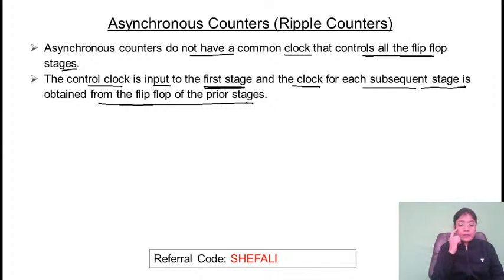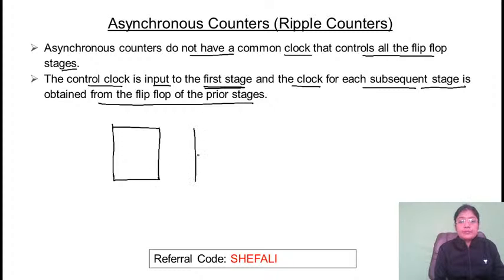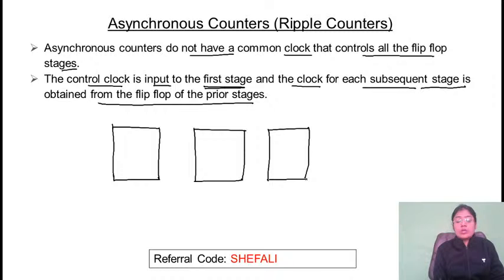Clear? Let us consider one example. For example, if this is some asynchronous counter, this is, let's say, flip flop 0, this is flip flop 1, this is flip flop 2.